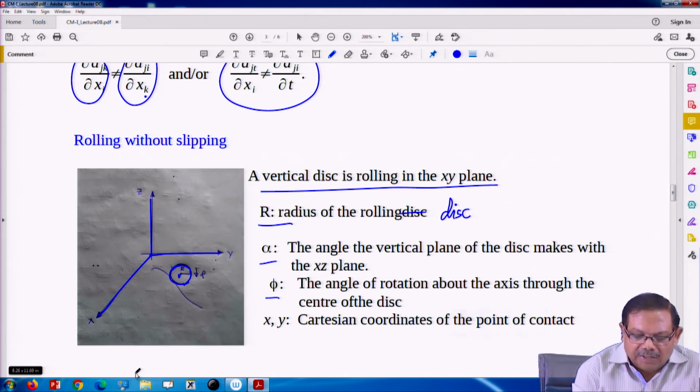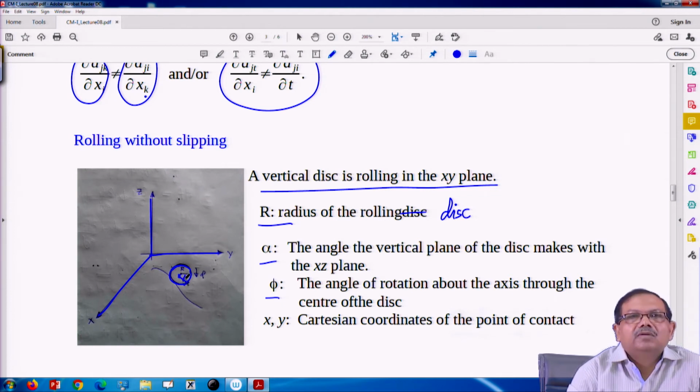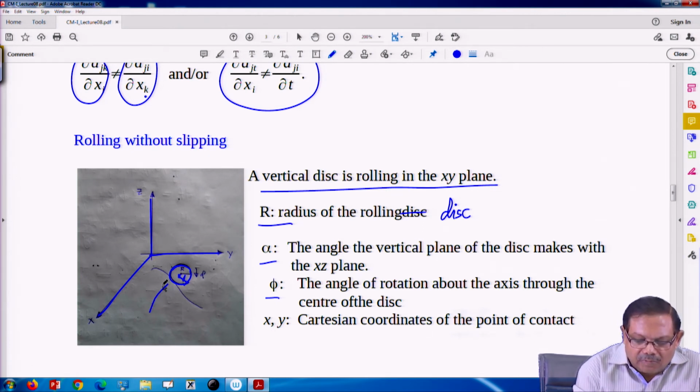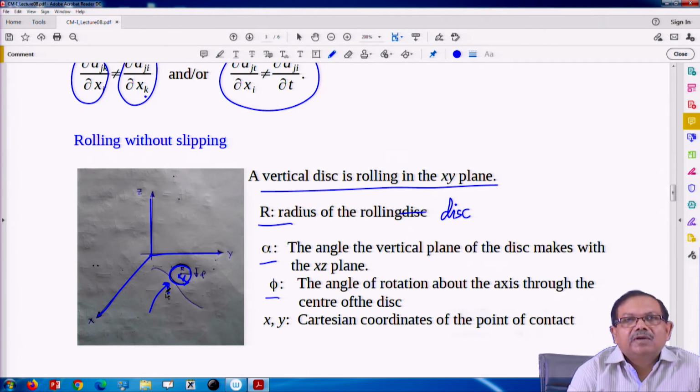So, how much angle is it making? As it turns, there is some angle that is always made here, and x y is the Cartesian coordinate of the point of contact. So, now for this problem, if I have to specify the location of the system at any moment of time, I require 4 quantities. What are those?